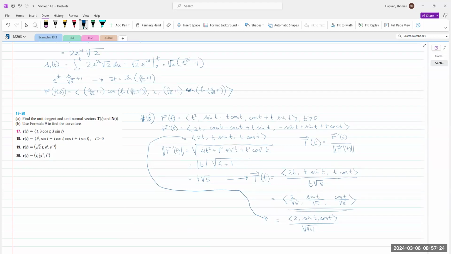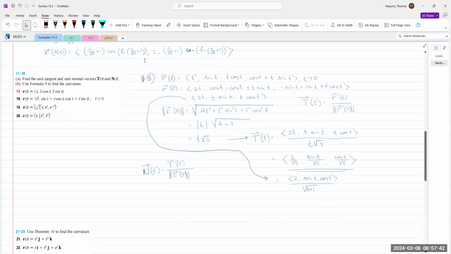Now let's go on with the normal factor. The unit normal factor is defined to be the derivative of the unit tangent factor over its own length. So let's find the derivative of the unit tangent factor first.